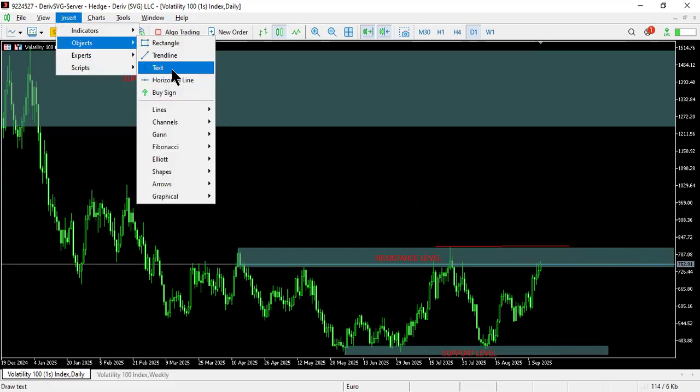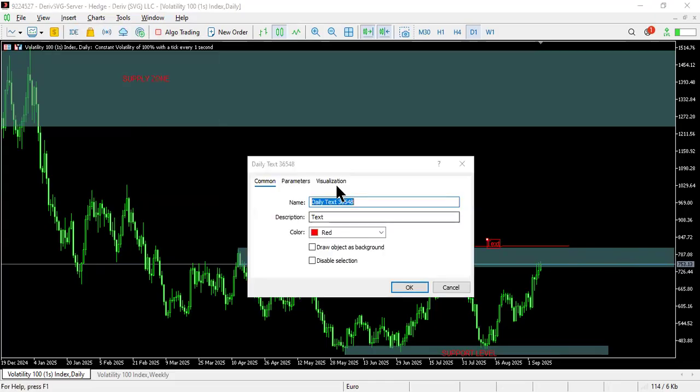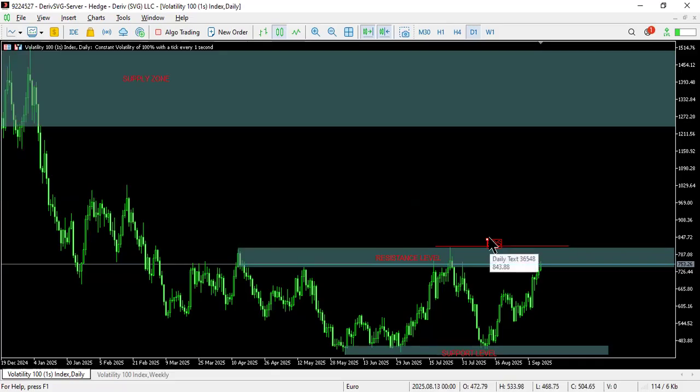Then that will be a break of structure, and we can place buys if that should happen.